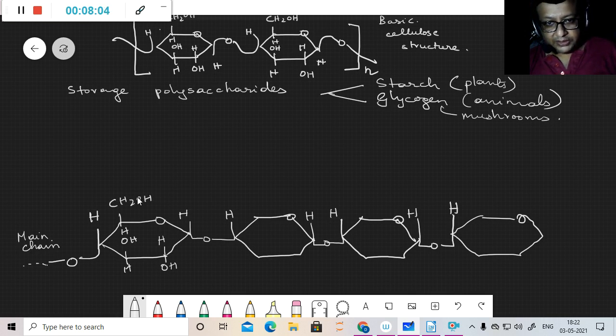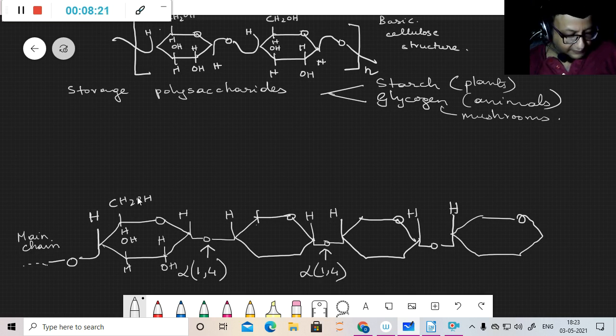You are just drawing the structure completely. These are all alpha 1 to 4 glycosidic linkage.